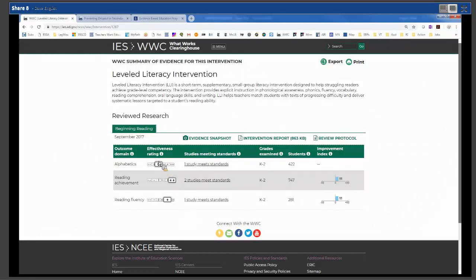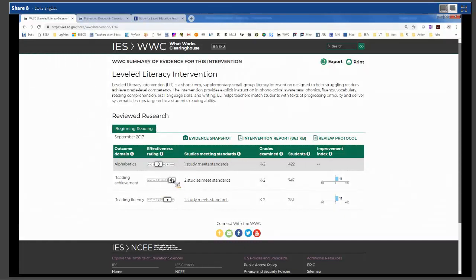for looking at the effectiveness rating is that out of the 6 indicators on this band here, you see the band here with 6 different symbols in it, a negative, a negative, a 0, etc. The top 2 ones qualify you for meeting tiers 1, 2, or 3.